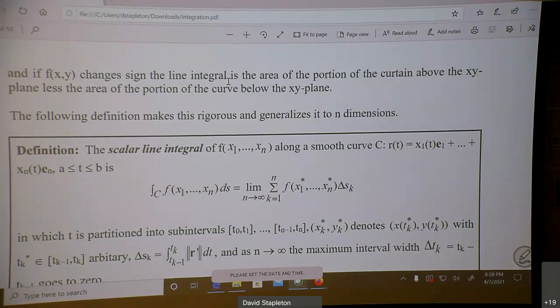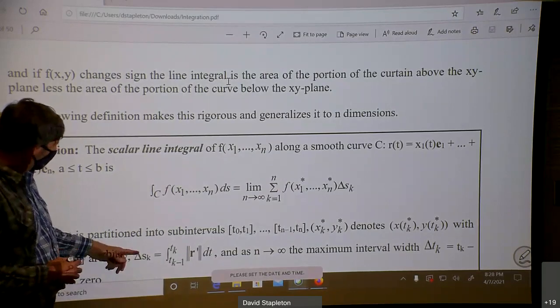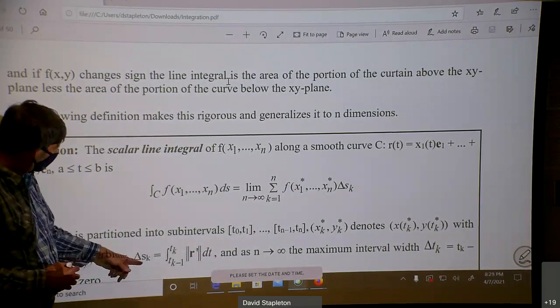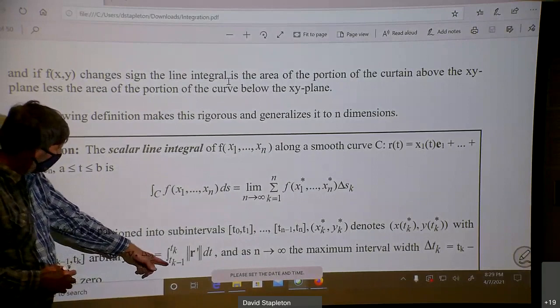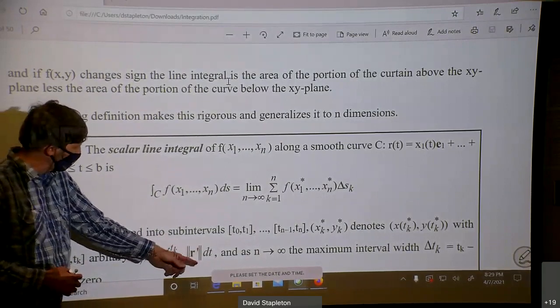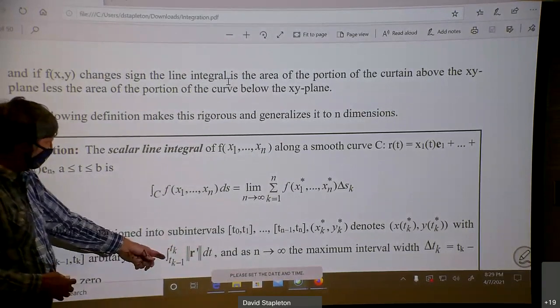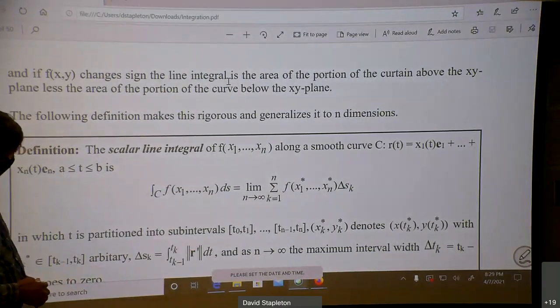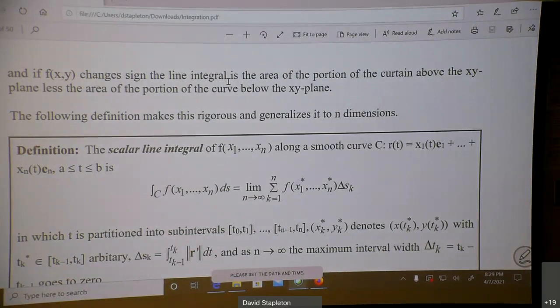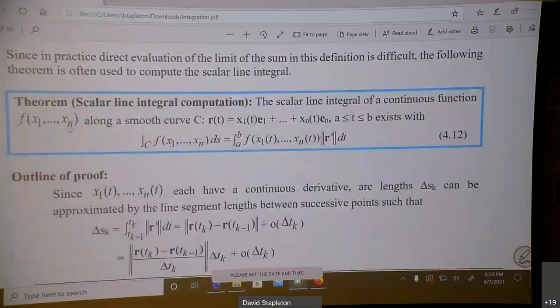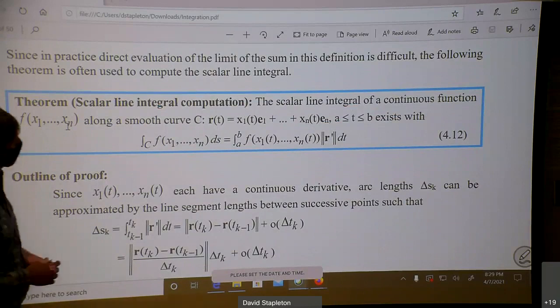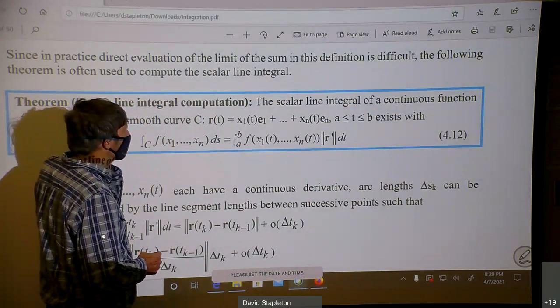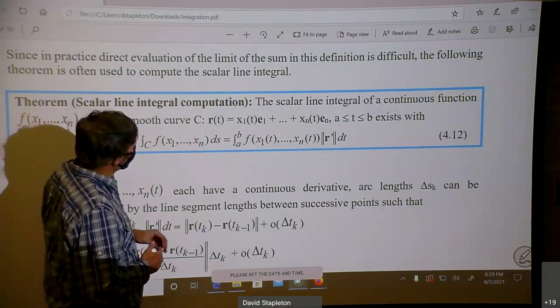Okay, well, maybe you remember the arc length of a curve on the kth interval, delta sk. This arc length can be gotten by integrating from tk minus 1 to tk the length of r prime. That's how you compute arc length, right? The integral of the length of r prime gives you the arc length along the kth piece. And so you can replace delta sk with that and take the limit.